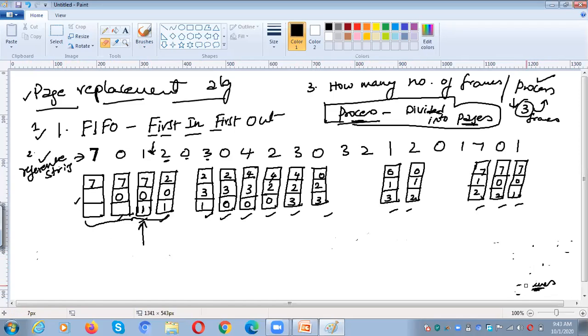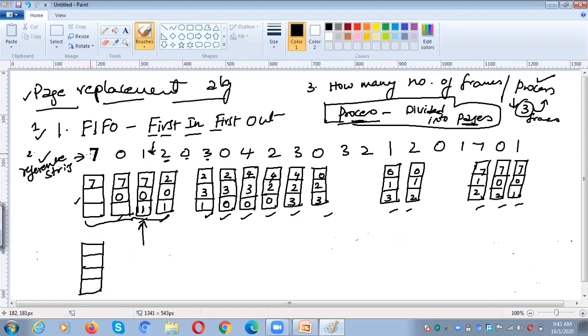Right? Now in the second example, instead of 3 frames, I would like to assign four frames per process. 4 frames means how many boxes we need to draw? 4 boxes: 1, 2, 3, 4.